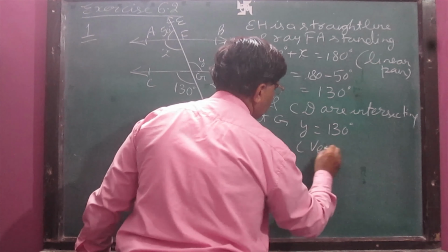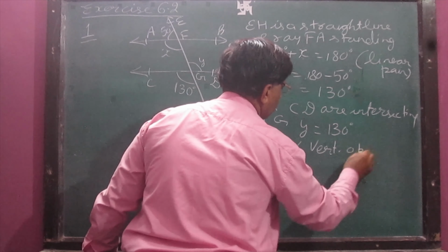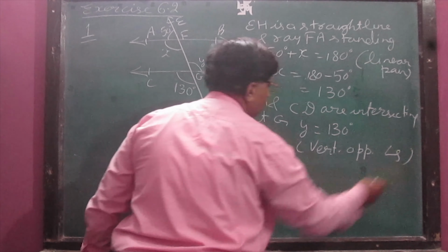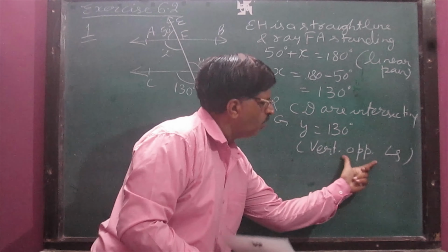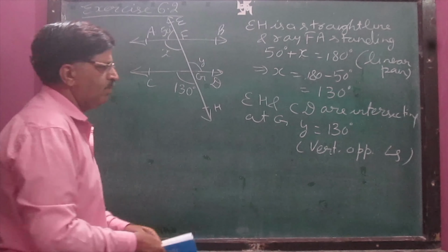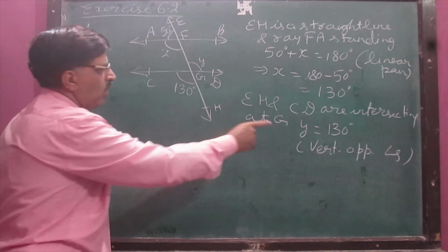Reason is vertically opposite angles. I am writing in abbreviation form. Vertically opposite angles, complete it. Y equals 130 degree.